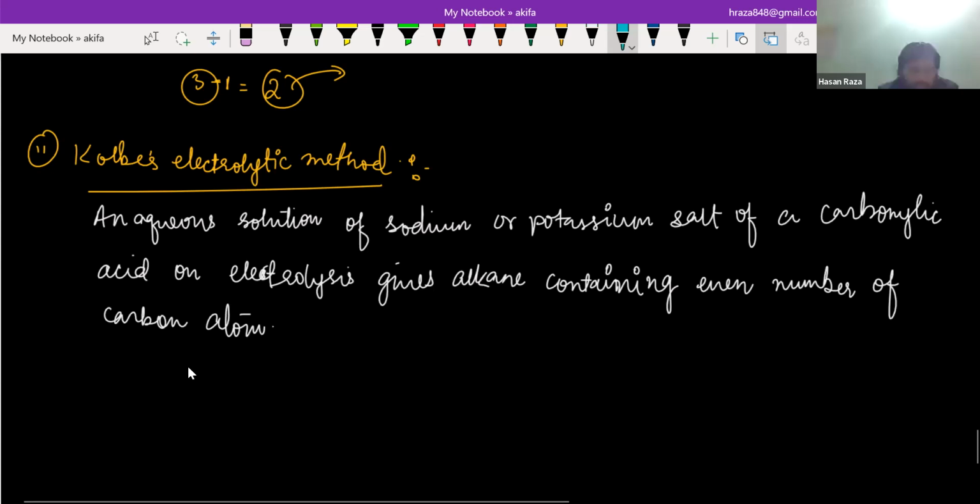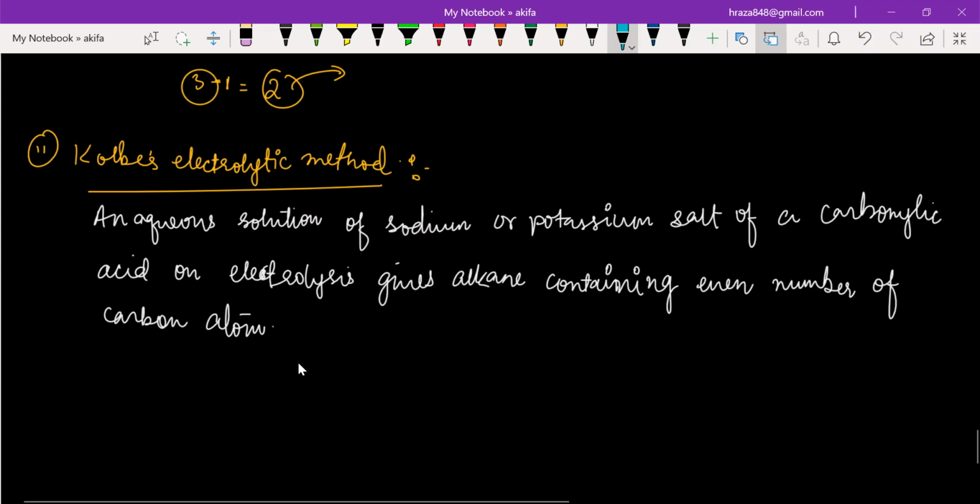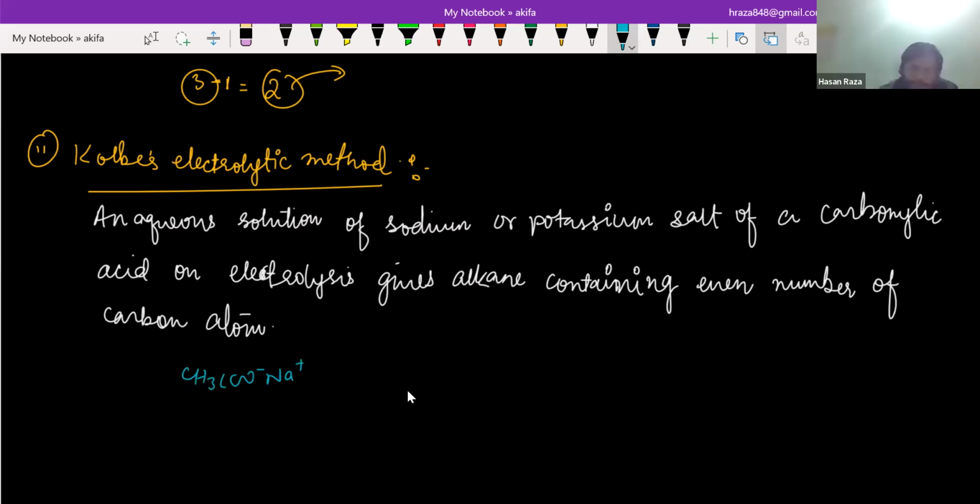CH3COO minus Na plus. This is sodium salt of carboxylic acid reacting with H2O. Am I audible, Akifah? Yes, sir. And we do electrolysis here. It will evolve carbon dioxide, H2 and 2NaOH as byproducts.